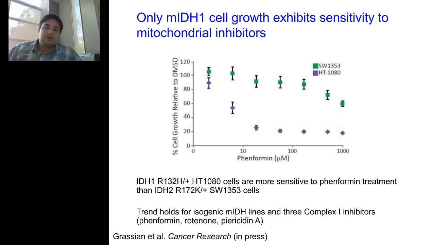So shown here, treatment with varying concentrations of fenformin, we see that the IDH1 mutant cells are much more sensitive in terms of growth inhibition to fenformin treatment compared to IDH2 mutant cells, which are minimally affected or only affected at much higher concentrations. So, and this work was published earlier this year in Cancer Research.